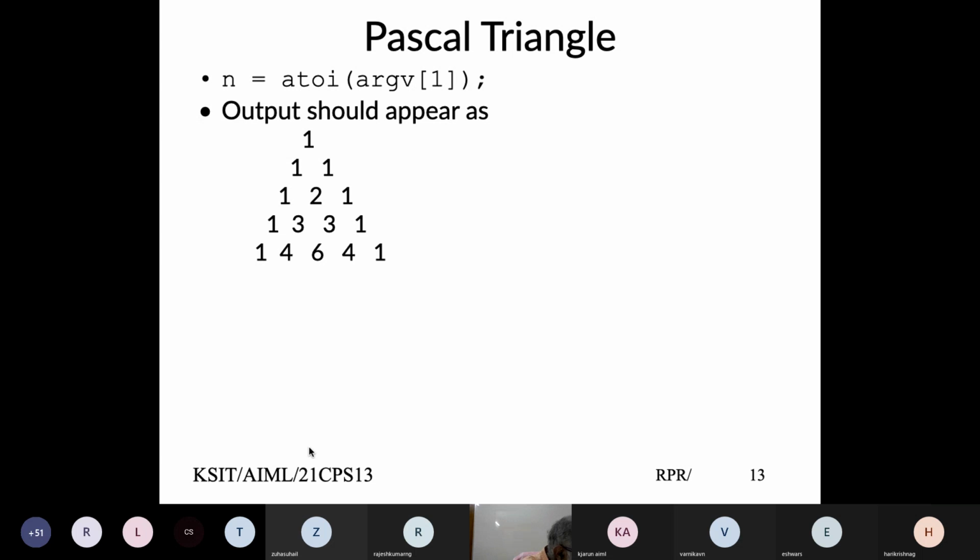So I should print that many spaces. In the first row I'm printing n spaces, in the second row n-1, in the third row n-2, and so on, so that it becomes properly formatted output.